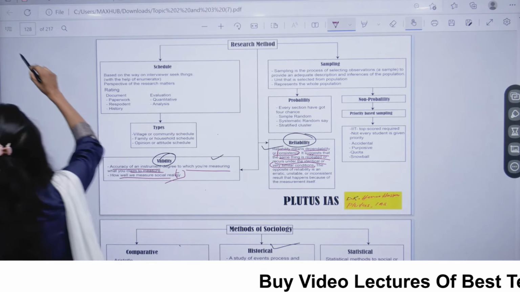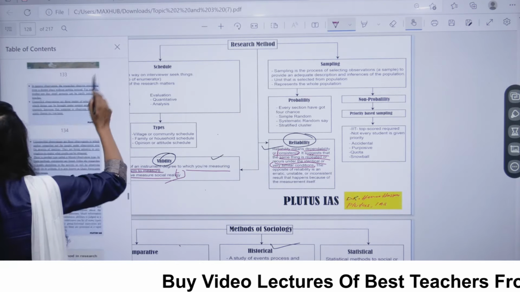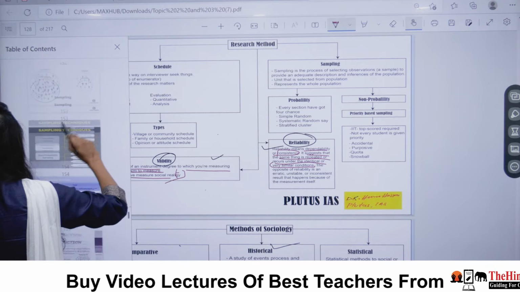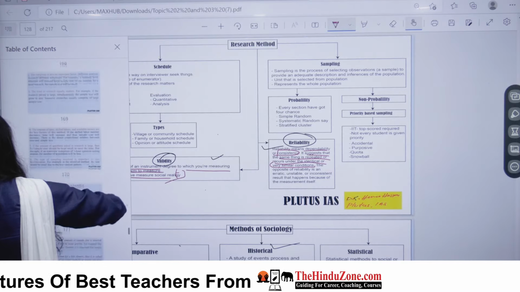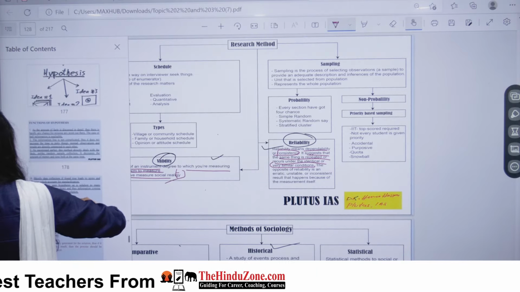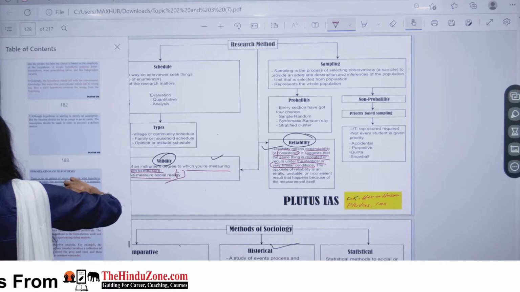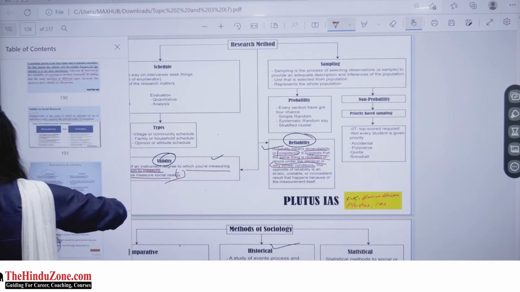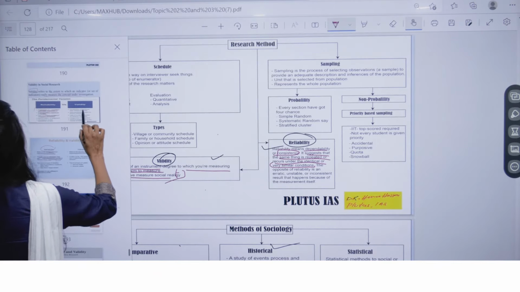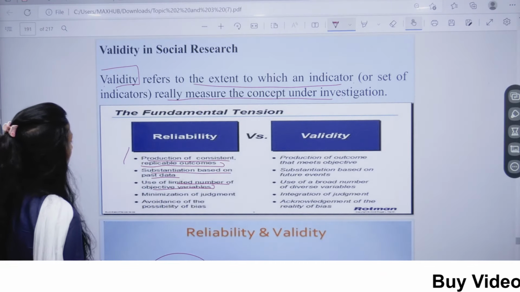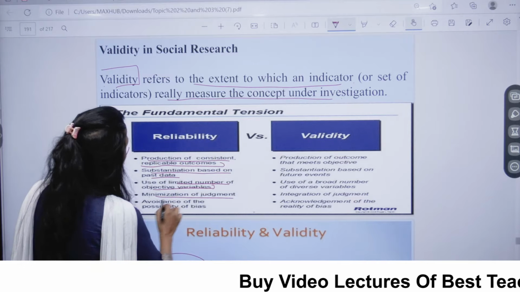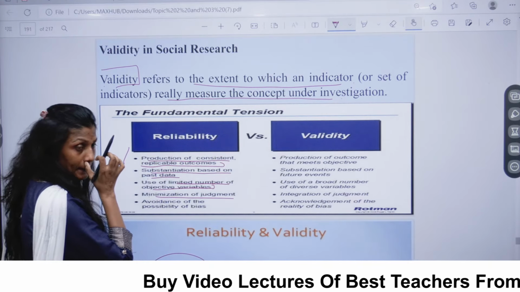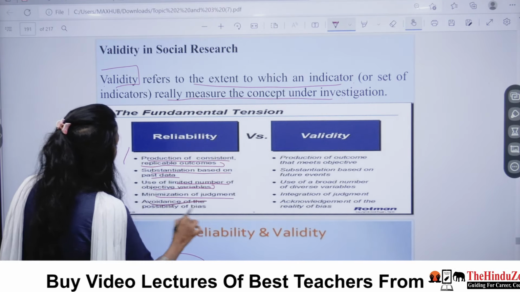Let's now explain and understand a little more on observation on validity and reliability. Reliability is minimization of judgment, as I explained, avoidance of the possibility of bias.